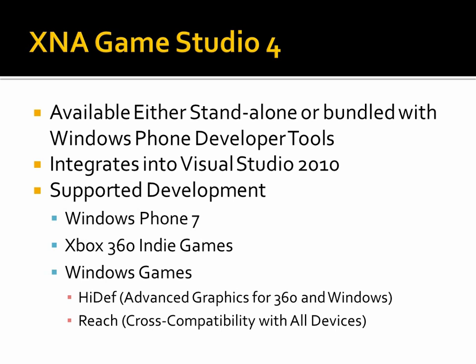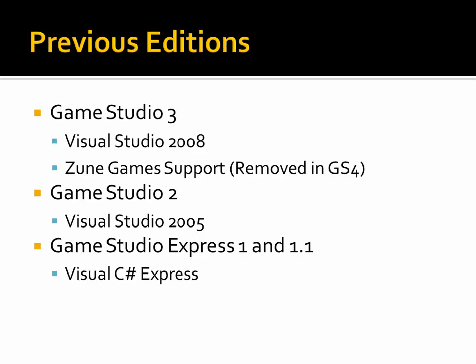The Reach graphics framework will work with any device. HiDef will only work for the Xbox 360 and a really advanced Windows graphics card. To express this fact, I cannot run the HiDef profile on this laptop. I'll show you where that option is, but I'm not going to go into any more detail than that because there is an entire talk on that tomorrow, and you should go sit in that talk if you really care. And no, it's not me giving it.